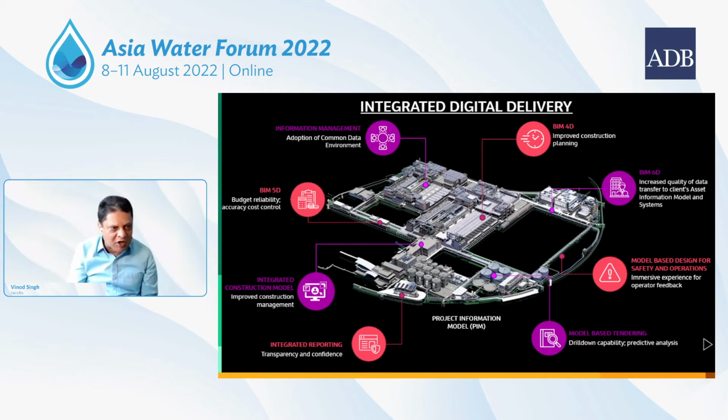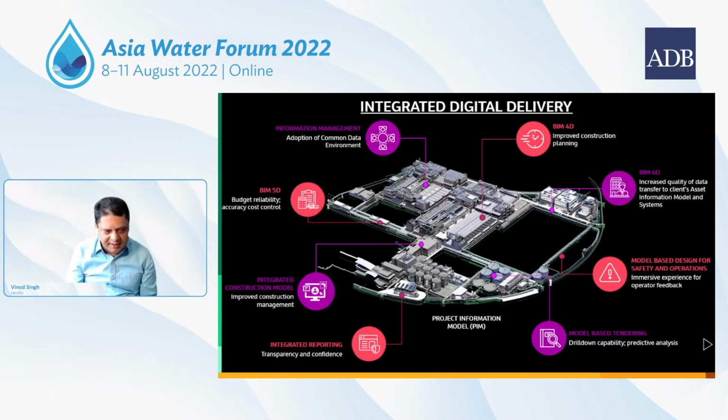The 5D is about cost. Here you can change the model, and it will result in a very online and live change in the cost data. 6D is the quality of data transfer to the client. So the asset becomes a part of the asset management tool, which is used throughout the life cycle.